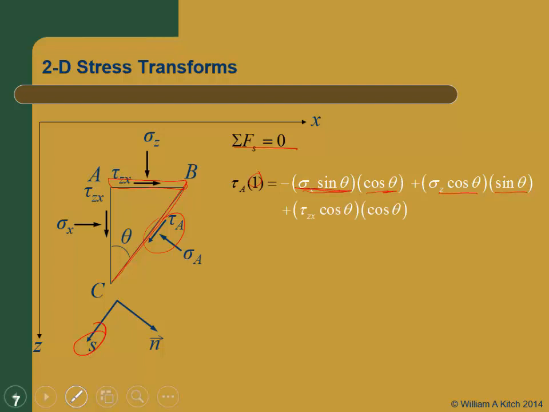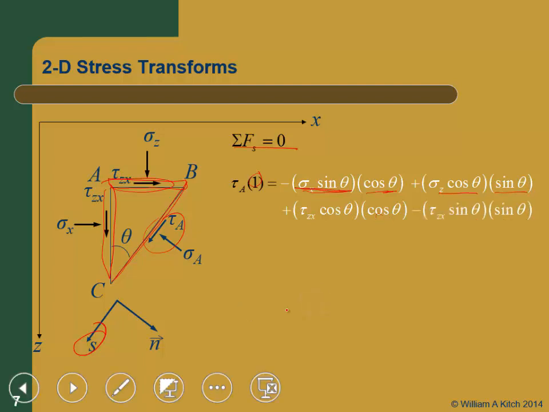And then I have the same thing with tau. I got tau zx times cosine, that's this one. Sorry, that's this one. And that direction is cosine. And then I've got the other tau zx component, and that one is going to be sine times sine.